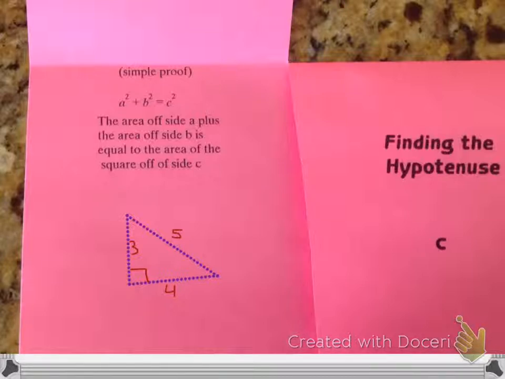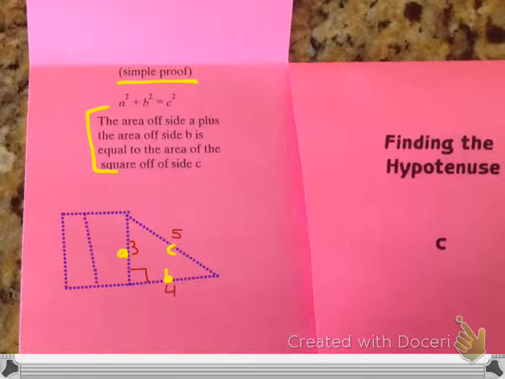And we will call this side A, this side B, and this side C. And we know we have A squared plus B squared equals C squared. This is just a simple proof. And it kind of tells you right there the area off of side A is 3 by 3.